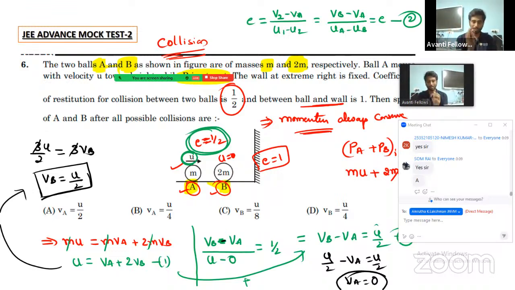In the first collision, look here. In the first collision, mass m is moving with some velocity u and collides with VB, which is at rest. After that, this ball will be moving with velocity u/2, half the velocity of the first ball, toward the right-hand side, and this first ball's final velocity, after the collision, stopped, meaning 0. Clear? I am saying it is simple. Look at this one.